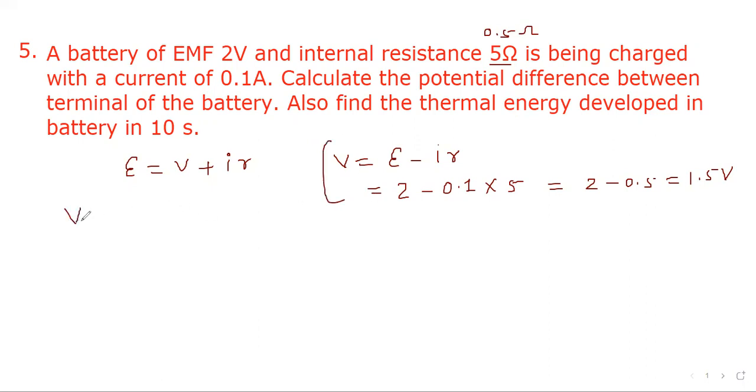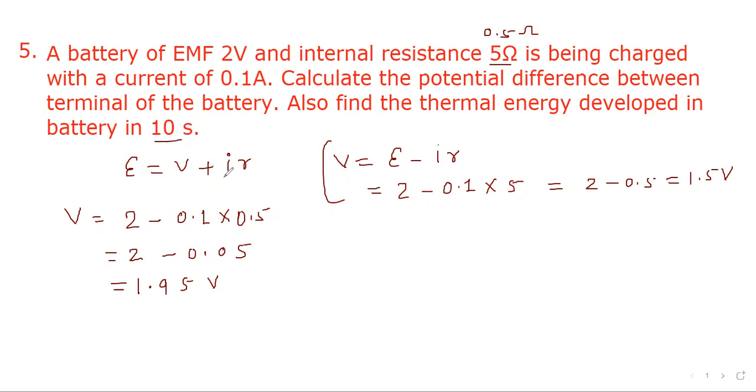So it will become V equals 2 minus 0.1 into 0.5, that is 2 minus 0.05. So this will become 1.95 volt. Now, the second part is to find the thermal energy developed in the battery in 10 seconds.